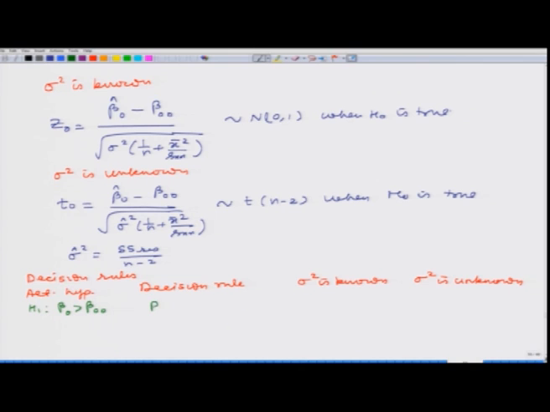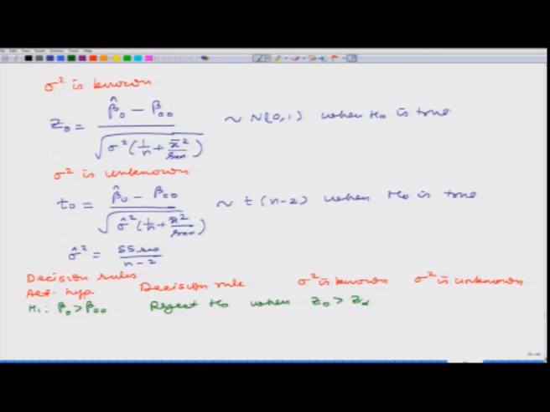In this case, the decision rule is to reject H naught when, in the case of sigma square known, the value of Z0 is greater than Z alpha, where Z alpha is the alpha percent point on the right tail of the normal 0, 1 distribution.